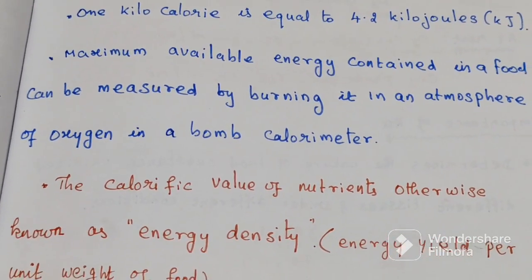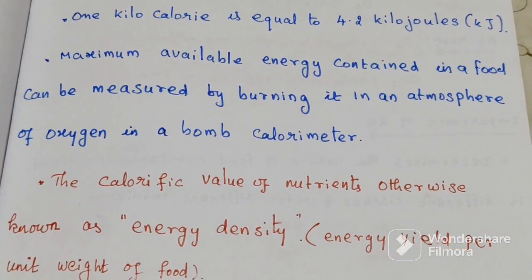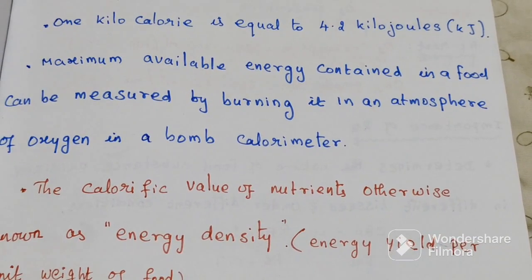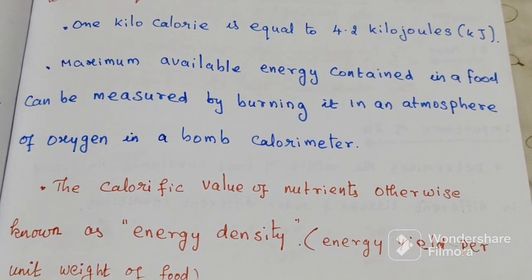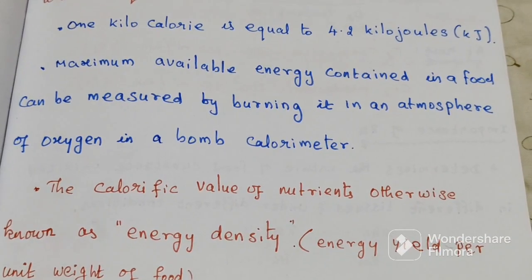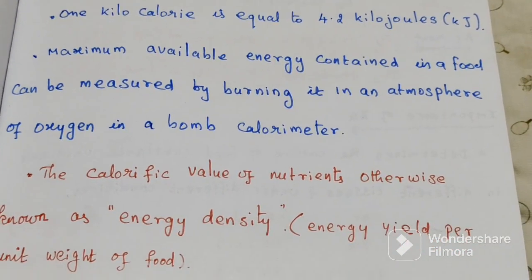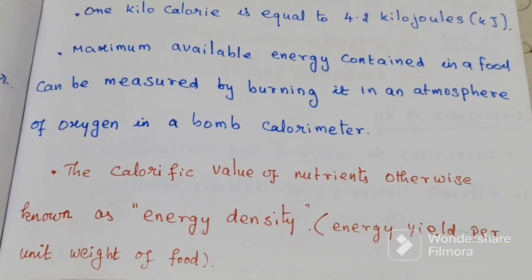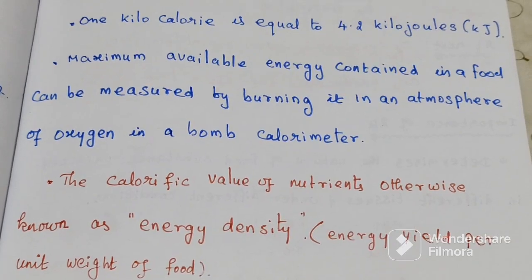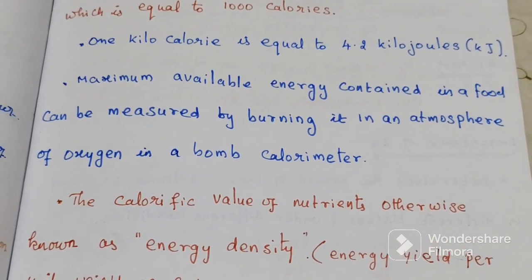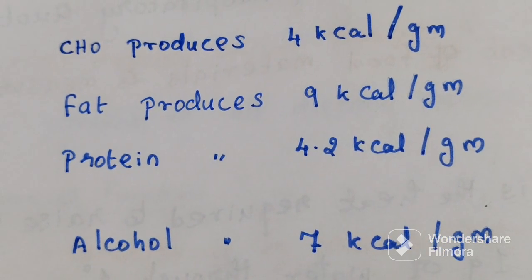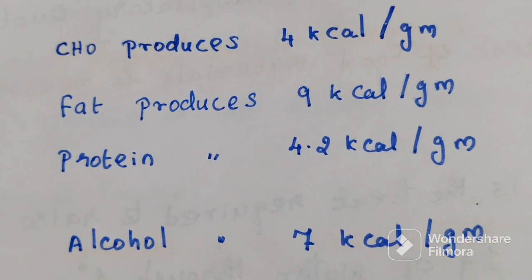Calorific value of a nutrient, otherwise known as energy density, means how much energy is present in the foodstuff: the energy yield per unit weight of food. Carbohydrate produces 4 kilocalories per gram.